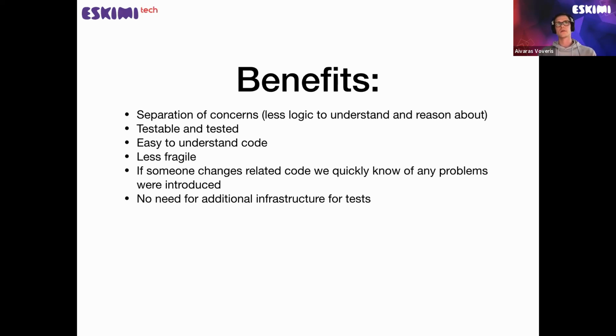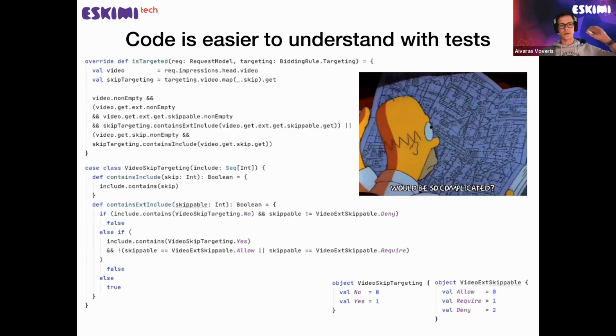And if someone changes related code, we would quickly know about the problems that were introduced because we wrote a test case. And when running tests, we don't need MySQL or any other storages that would make testing hard, right? So I also want to talk about how testing helps us to understand code better.